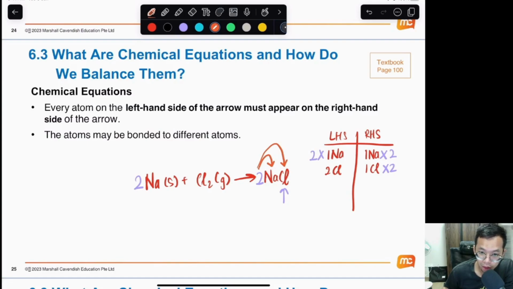Alright, so the 2 at the front includes both Na and Cl. Okay, there's also another method. It's called metal CHO. Let me write it down in another color.